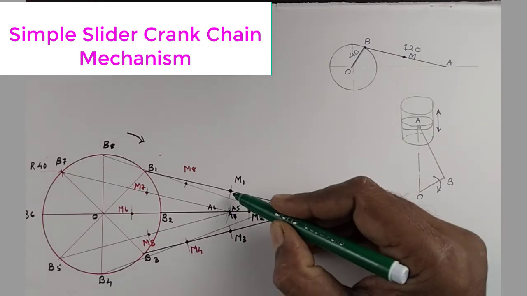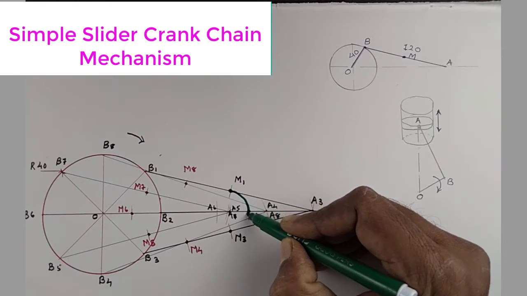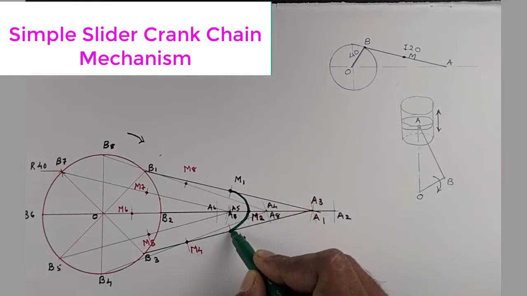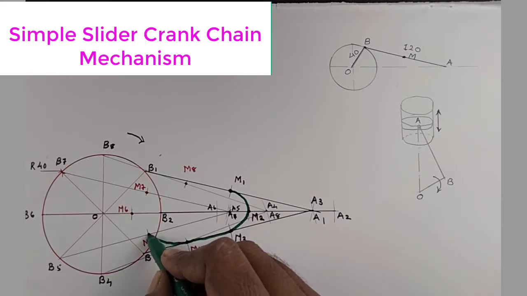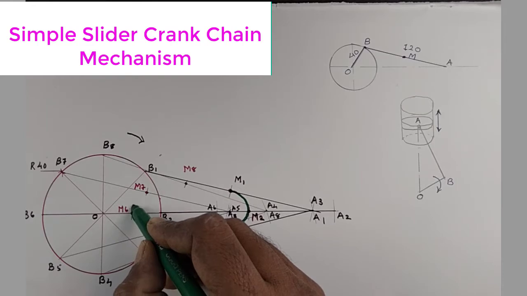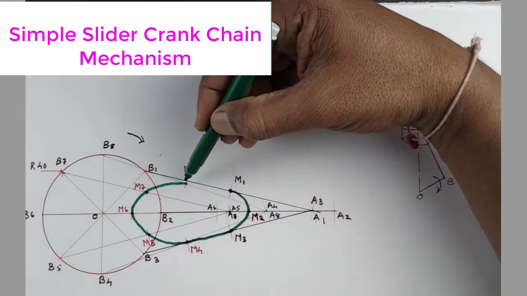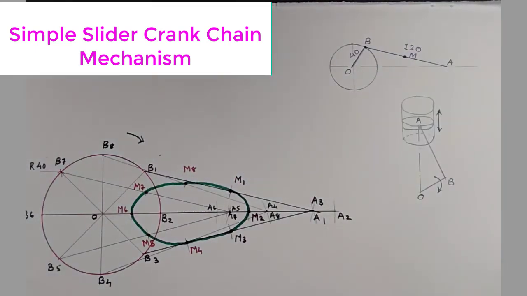Then you can join all the points with a smooth curve: M1, M2, M3, then M4, M5, M6, M7, M8, M1.